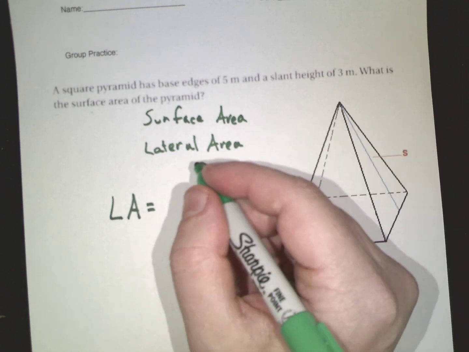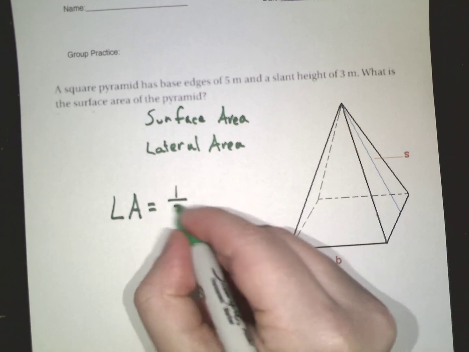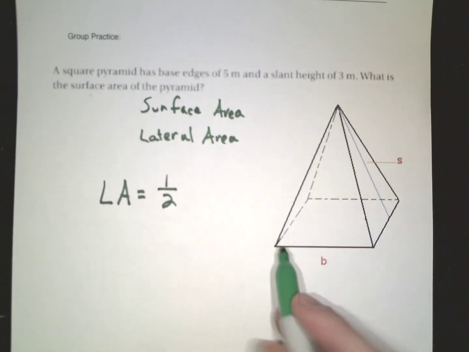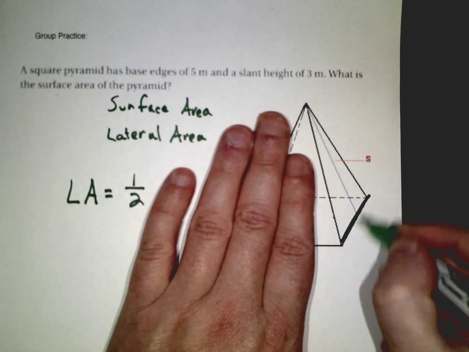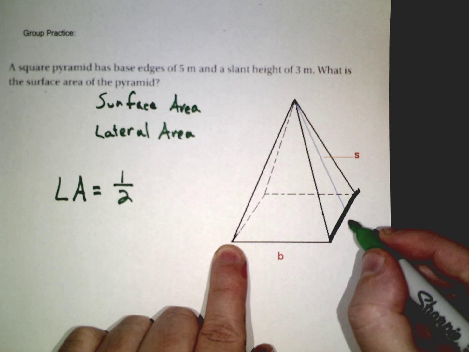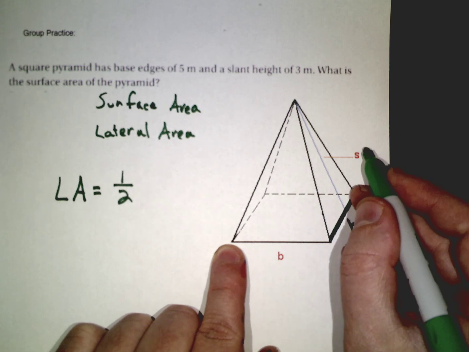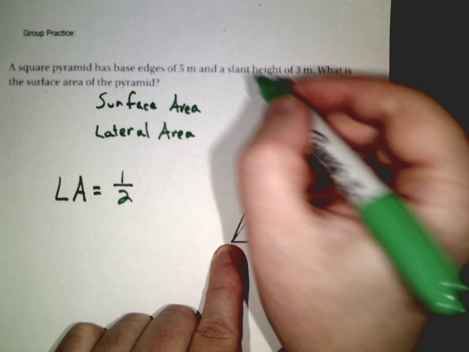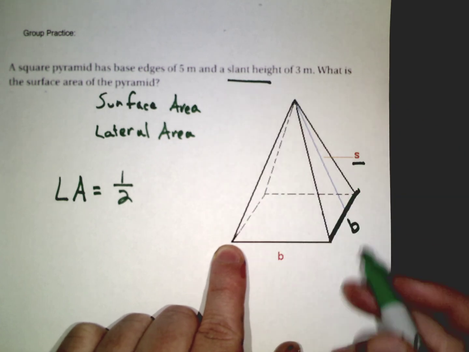Our area for one triangle is 1/2, remember, base times height. Well, I do have a base. Let's look at this triangle here on the left. I do have a base, and if this is a square, this must also be the base. And I have S, a slant height. This slant height, S, is the actual height of this triangle.